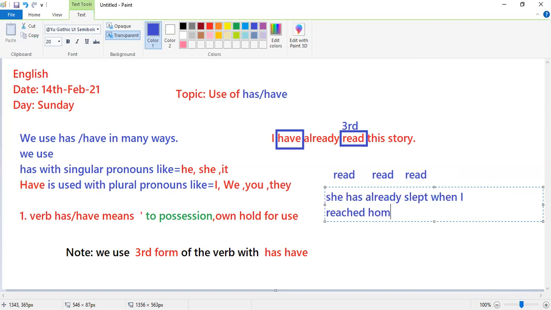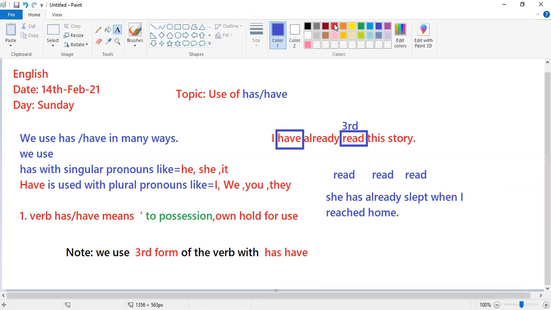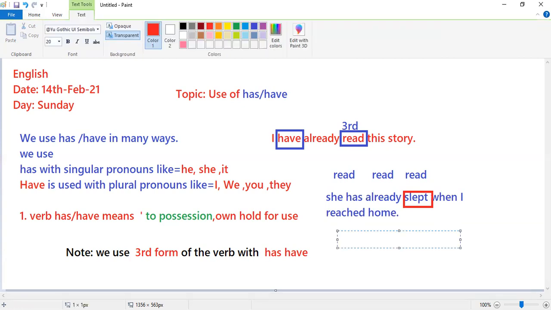What is this form? The verb here is slept. How do you know which form of verb this is? Because this is sleep, then we have slept as the second form, and also the third form is slept.